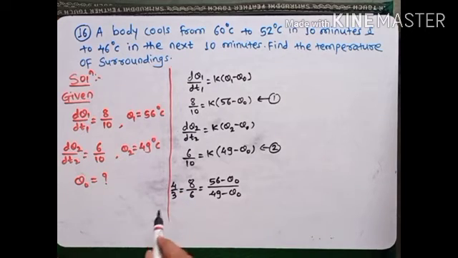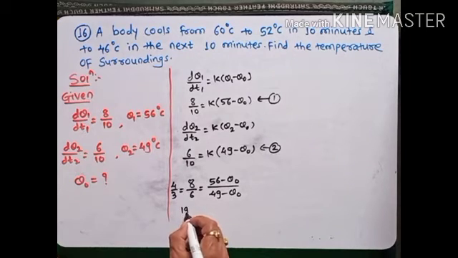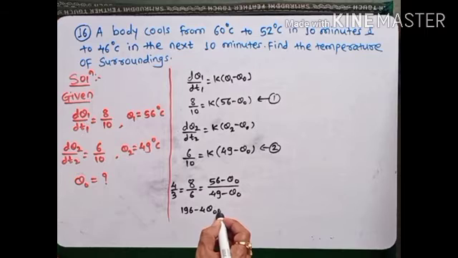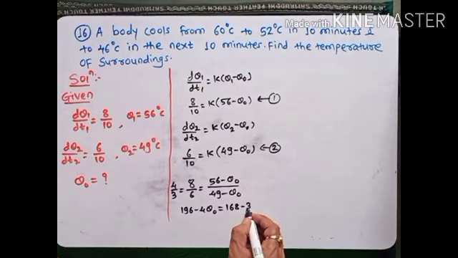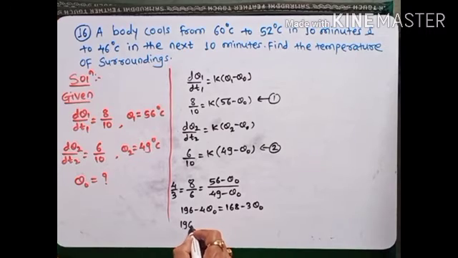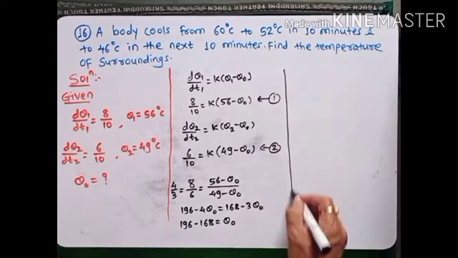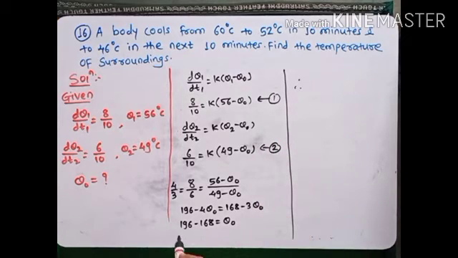Okay, multiply by 4, 49 into 4, 196 minus 4θ0 is equal to, 3 to this side, 168 minus 3θ0. Now 4θ0 to this side, 196 minus 168 equal to θ0, and therefore 196 minus 168 means 28.